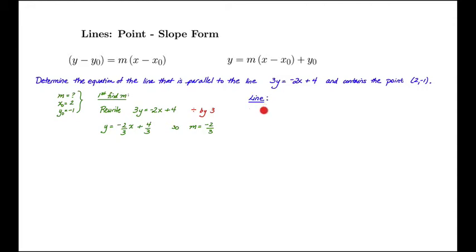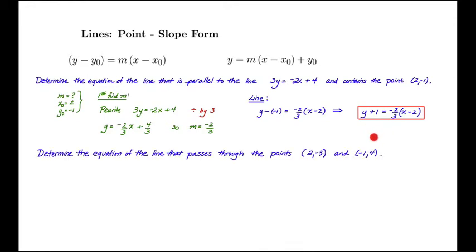So trying to write the line, I take the y and I subtract minus 1, and then I have equals our slope minus 2/3 times the quantity x minus 2. Normally, we clean this up a little bit and write y plus 1 equals the slope minus 2/3 times the quantity x minus 2.